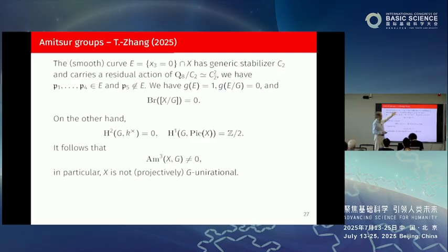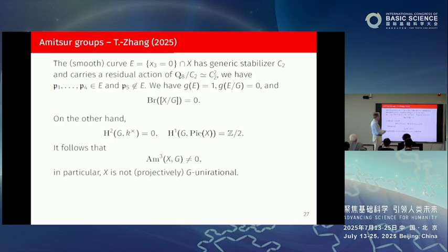We find that it's 0. And then, well, we know the H2. And in fact, we know the B3 of G for Q8. It happens to be Z mod 2. That's why we have a chance of producing an interesting example. And we also know that H1 of the Picard group is Z mod 2. So that's part of all the calculations that people were making in this.